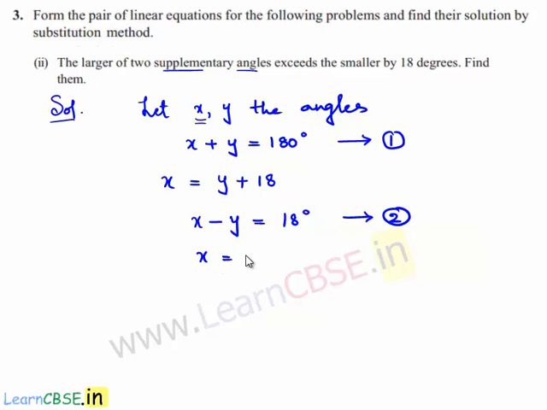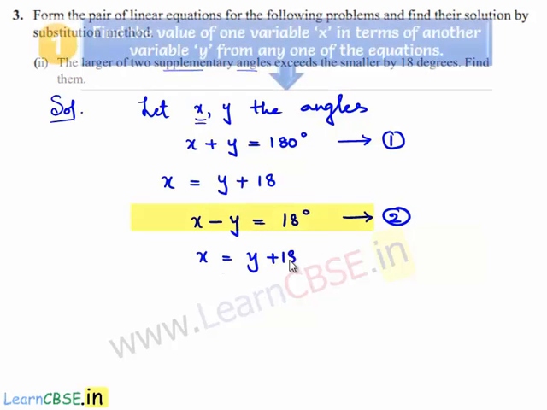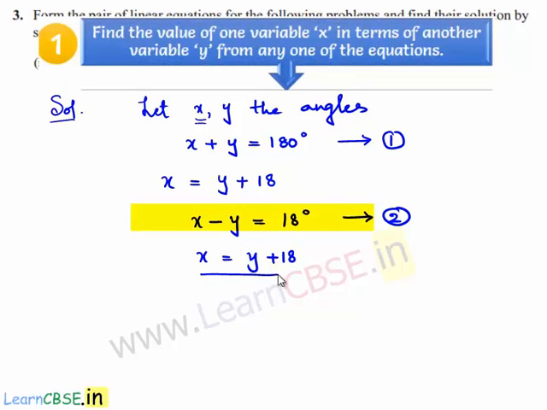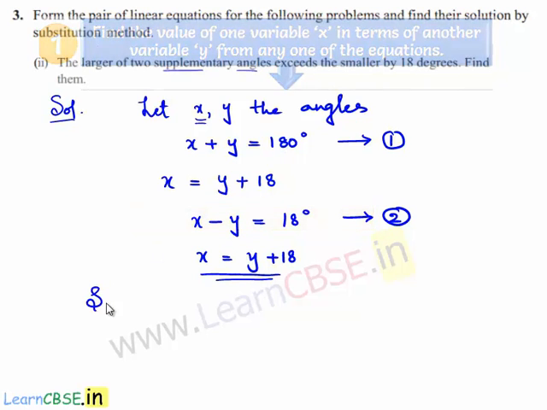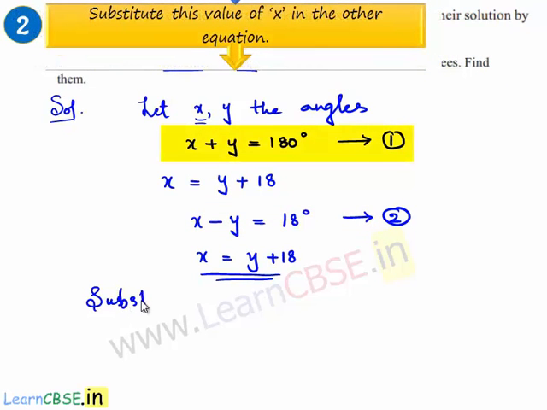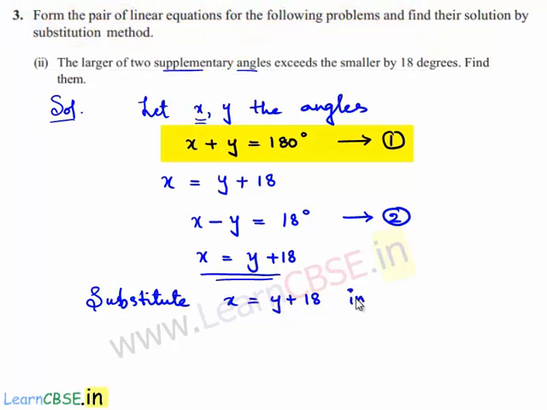So x is equal to y plus 18. So substitute the value of x in equation number 1. Substitute x is equal to y plus 18 in equation number 1. So in place of x, let us write y plus 18.